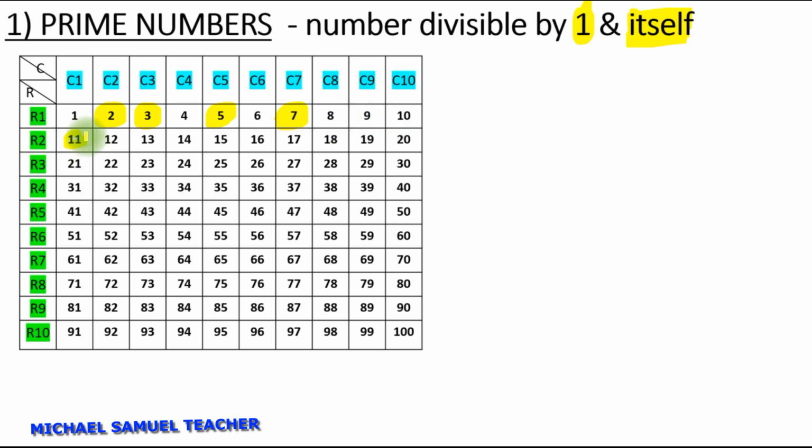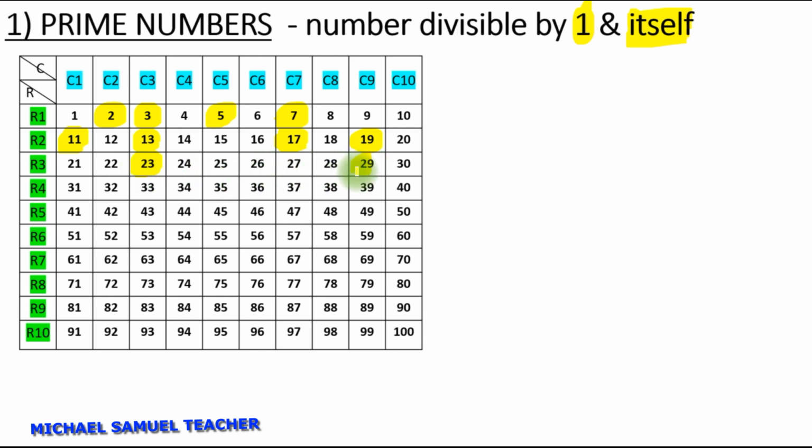In row 2, we have 11 is a prime number, 12 is not, 13 is a prime number. Then we have 17 is a prime number, 19 is also another prime number. In row 3, 23 is a prime number.